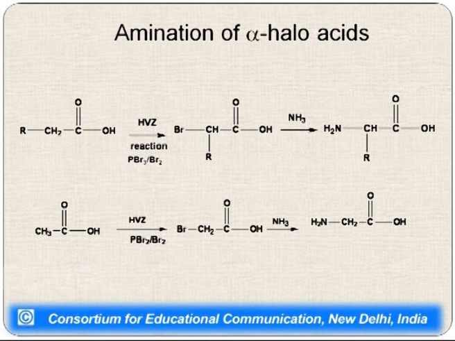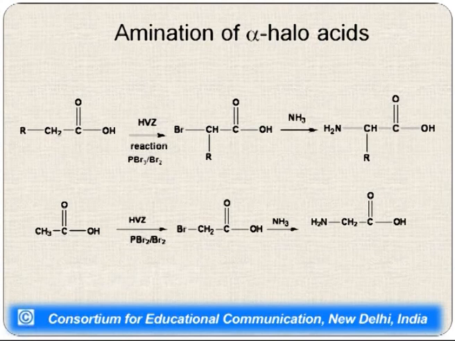But there is a point to be noted here. Because we are reacting the halo compound, the chlorine or bromine compound, with NH3, the yields of this reaction are not very high. They are pretty much low because the ammonia gas being passed should be in quite an excess.